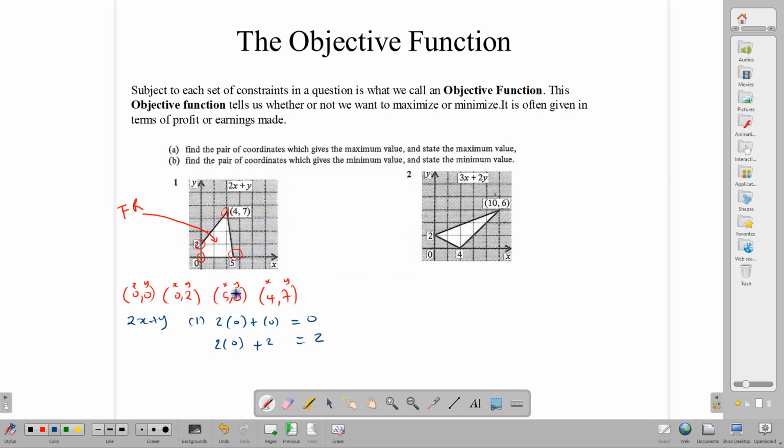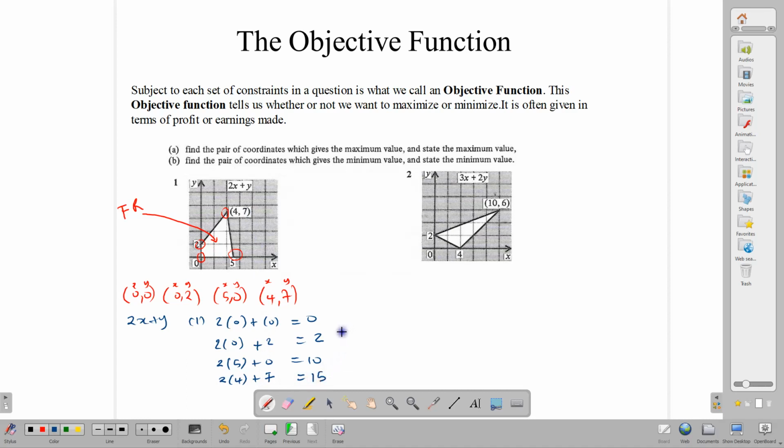In the third instance, we have 2 times 5 plus 0, which gives us 10. And in the final instance up here, we have 2 times 4 plus 7, and that gives us 8 plus 7, which is 15.